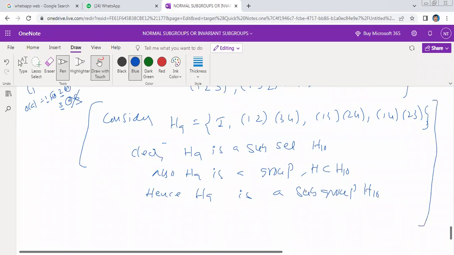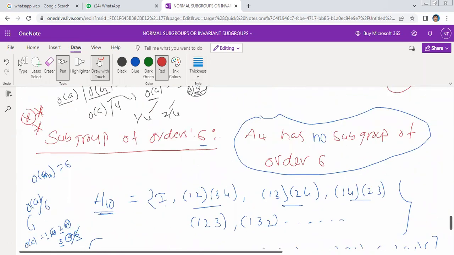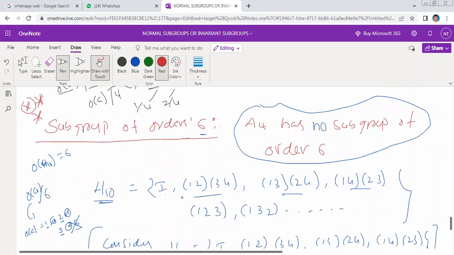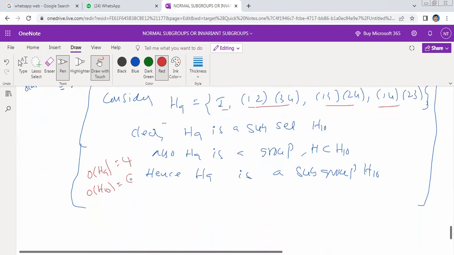Now look here. What is Lagrange's theorem? Here order of H9 is equal to what? Order of H10 is equal to what? The order of H9 is 4. The order of H10 is 6, because we need a subgroup of order 6, so I am taking 6 elements.